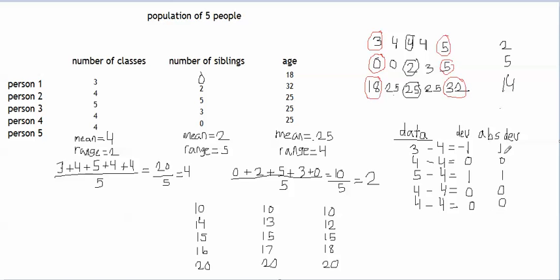If we calculate the mean of these absolute deviations, our answer will be called the mean absolute deviation. If we add these up and divide by 5, we get 2 over 5. 2 divided by 5 is 0.4.